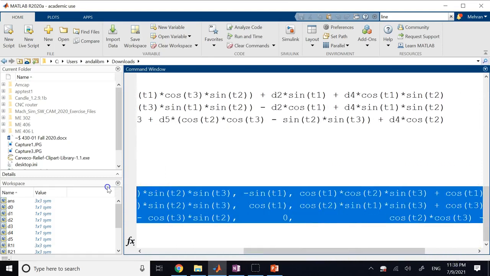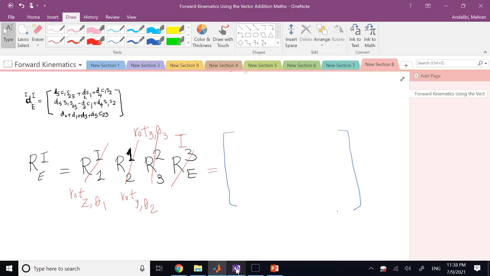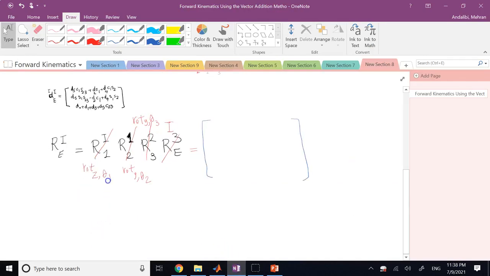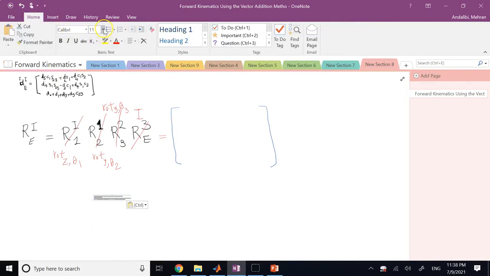And as always, you can go ahead and take it back from Matlab to OneNote here, and then write it in short notations, right? And then pretending that you did it, didn't get any help from Matlab. I'm just kidding.